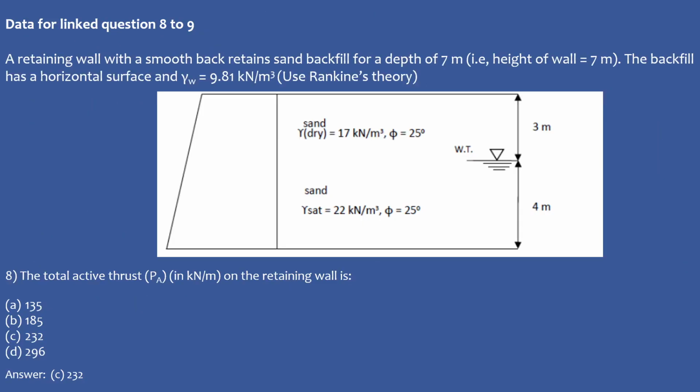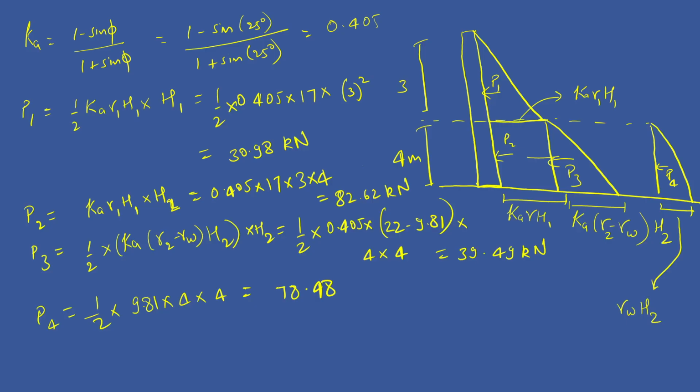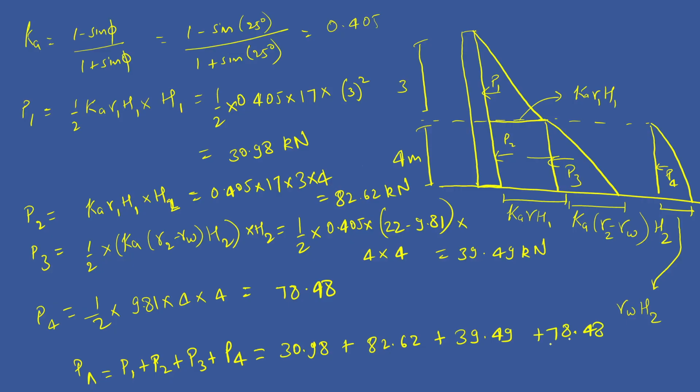In the question it has been asked to calculate the total active thrust. So your PA will be basically P1 plus P2 plus P3 plus P4. Your P1 is 30.98, P2 is 82.62, P3 is 39.49, and P4 is 78.48.